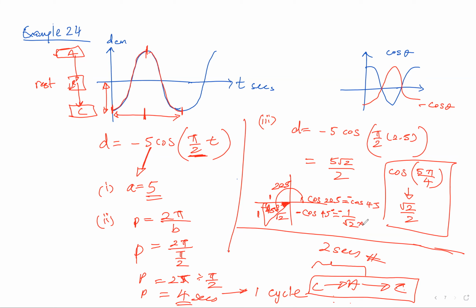So this one, I rationalize it, I should be able to get square root 2 over 2 with a negative. So that's how you get this as positive 5 square root 2 over 2. Do you understand? I'm just recapping the initial function.